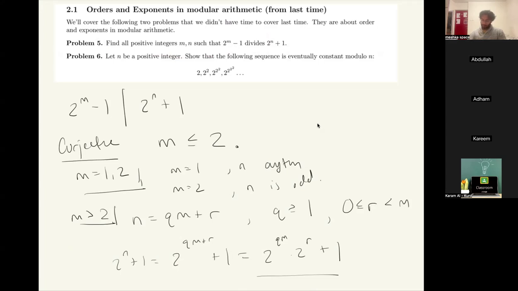The problem we're talking about is this. Find all positive integers m and n such that 2 to the m minus 1 divides 2 to the n plus 1.